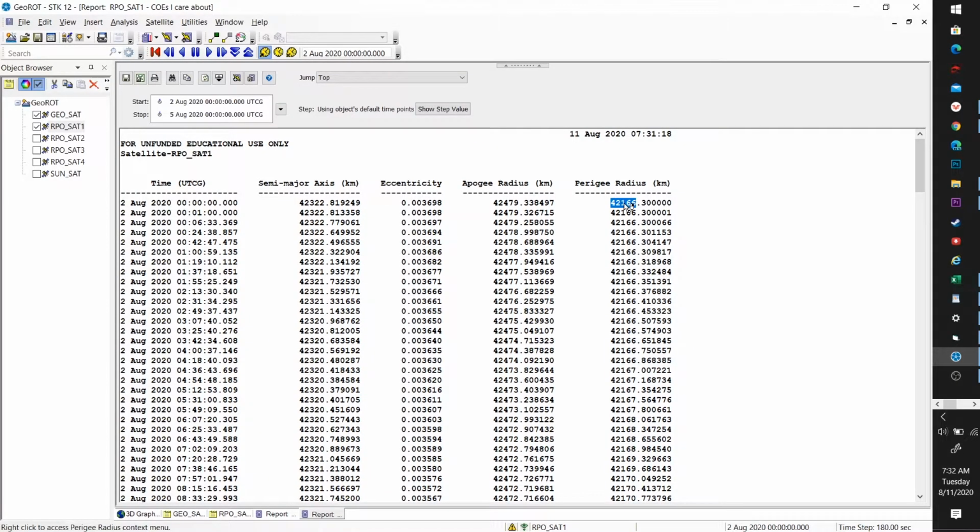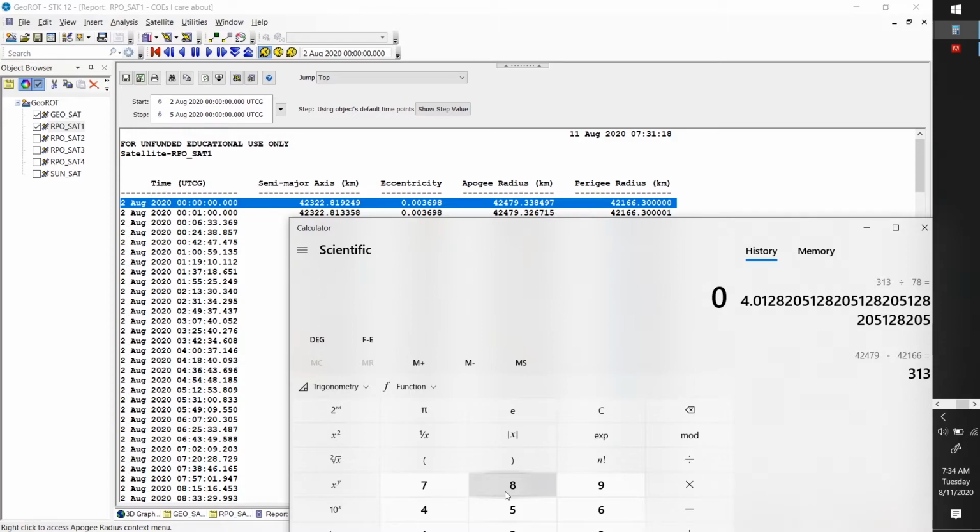So you can see here in our classic orbital elements, our perigee is still at 42166, which is the geosynchronous altitude. Our semi-major axis has increased by 156. So in order for this to be the average of these two numbers, this number had to increase by double 156.